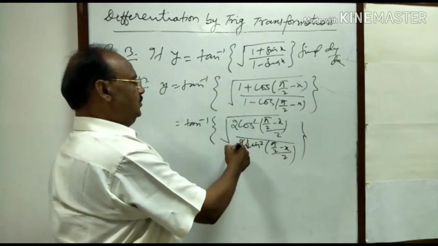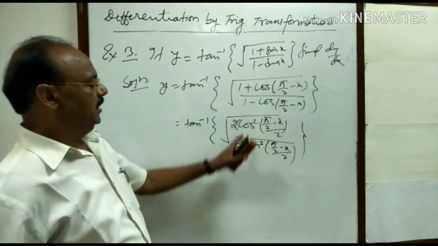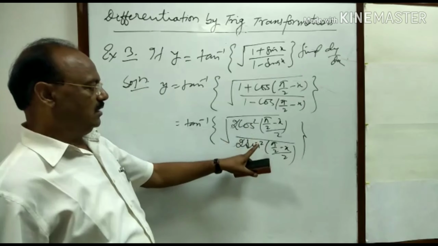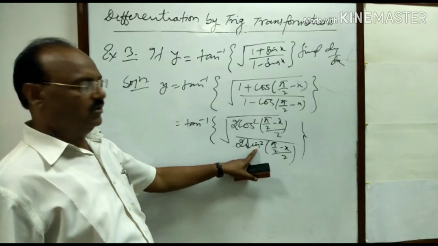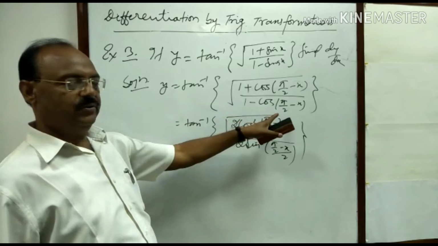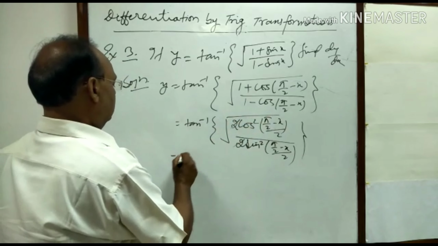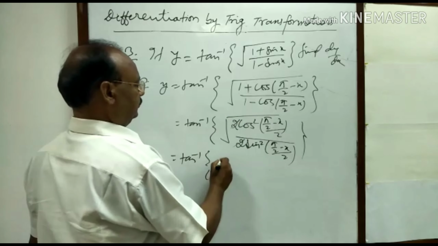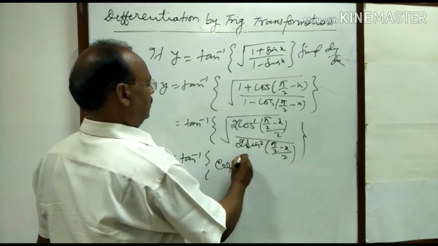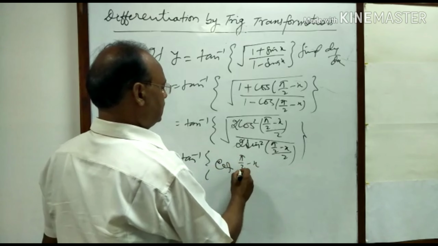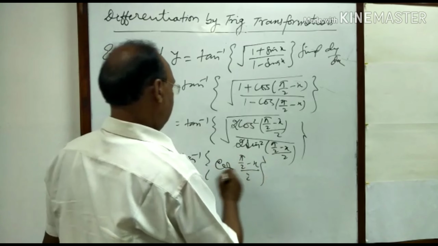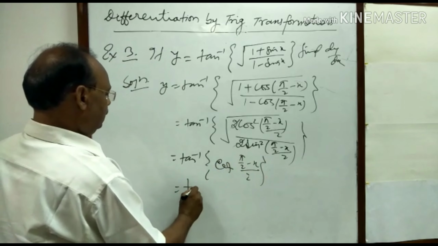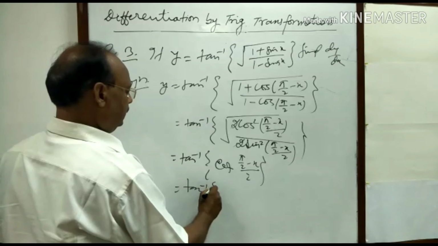2 will be cancelled out, and cos square by sin square is cot square, its square root, so we get this is equal to tan inverse cot of (pi by 2 minus x) whole divided by 2, and this is equal to tan inverse.